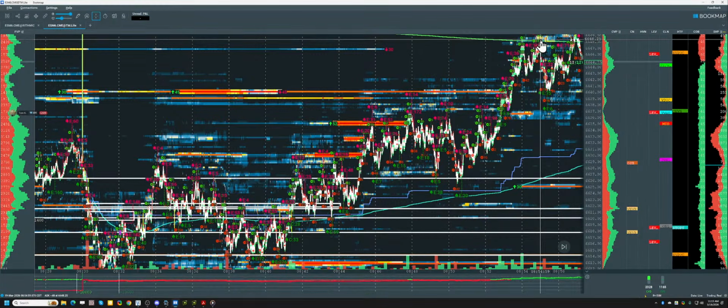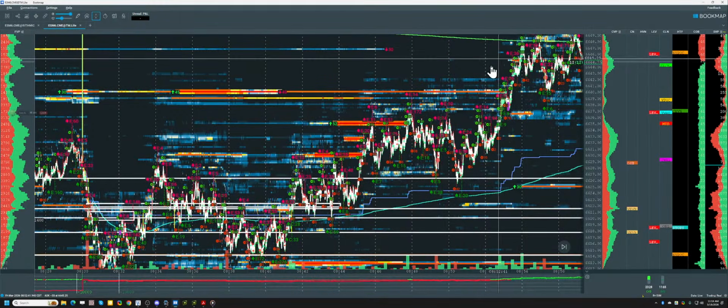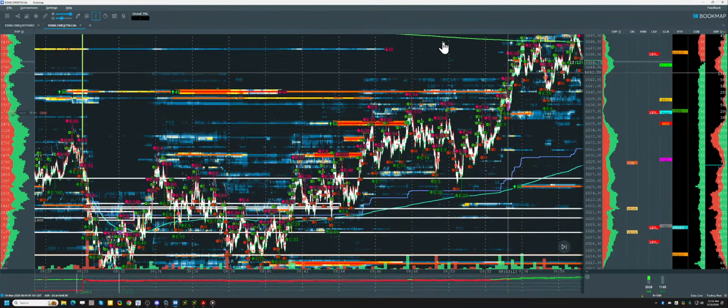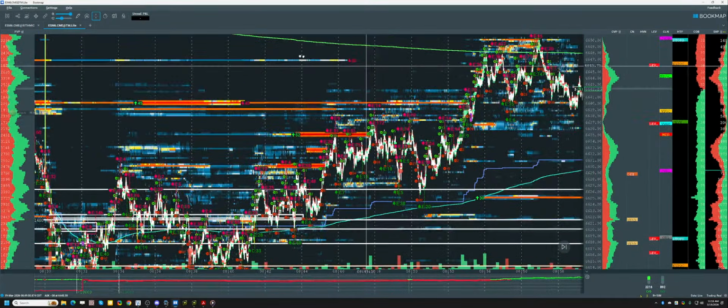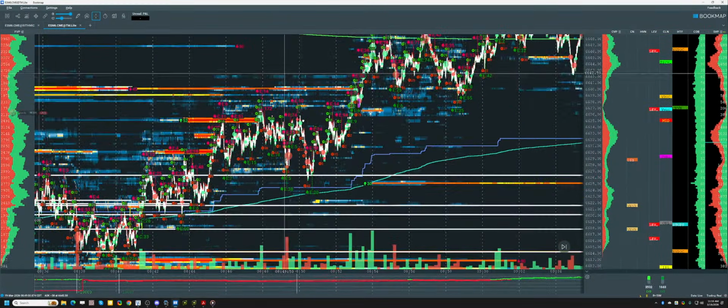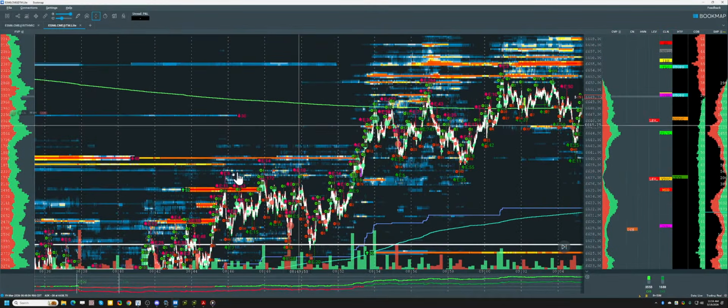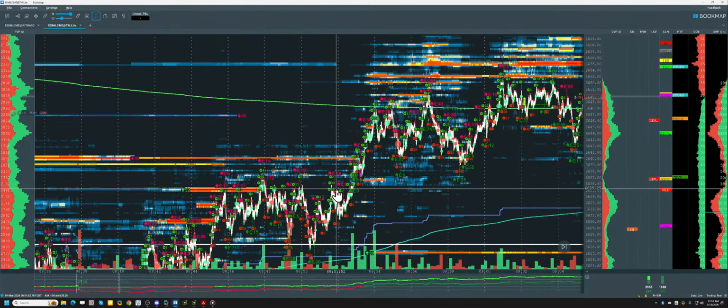This is about before the report at 9 a.m. So let's keep going. This is the gap fill, okay?